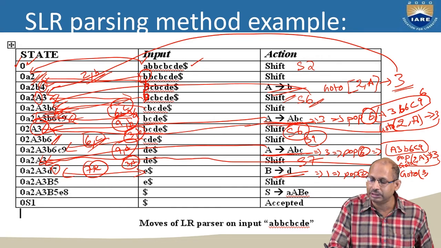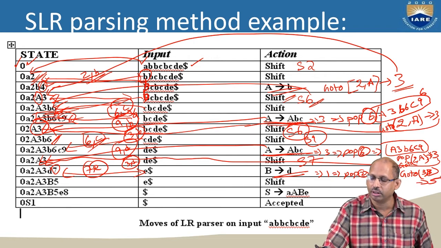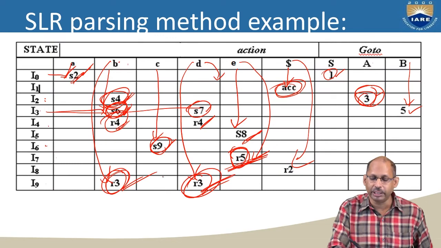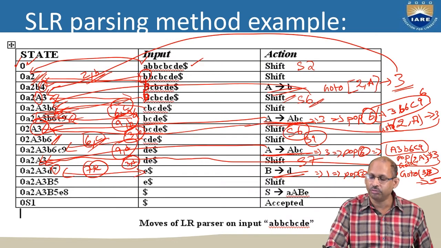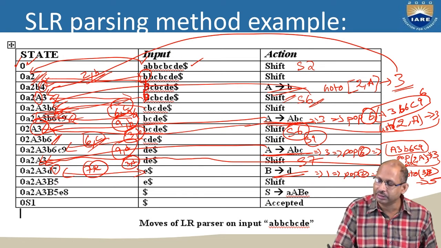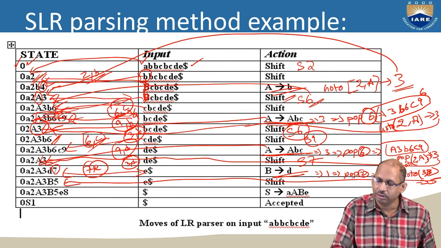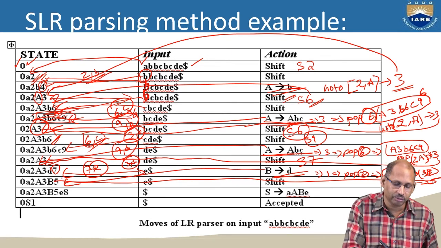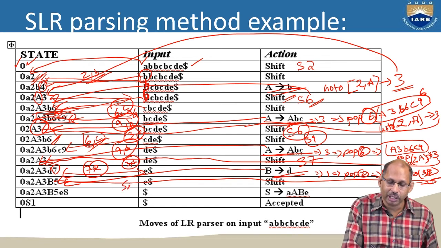Then the symbol is B. The 3B will give 5. Right? So it is 5. Now simply store this 5 here. Then this B here.